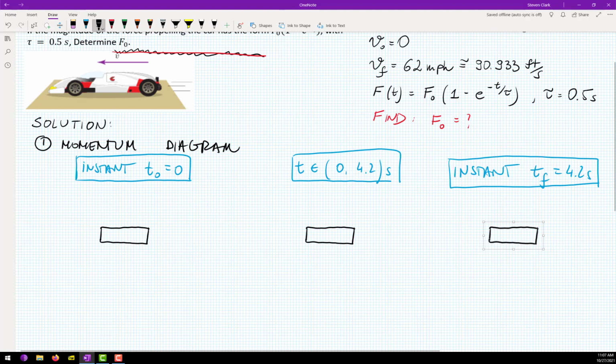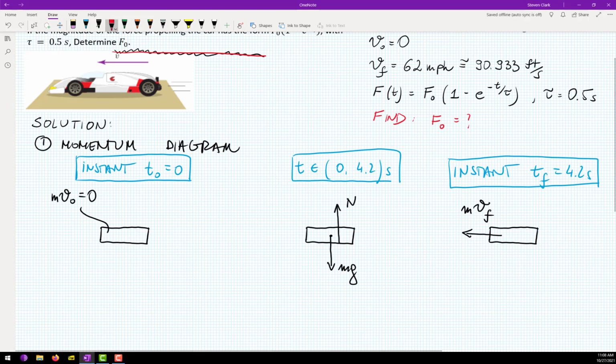We are told that our particle starts from rest, so we have mv0, which is equal to 0. We know that our car at the end will have some velocity, so we'll have here mv final. In the middle diagram, I would like to show all the forces acting on our system. I know that mg acts this way, and the normal force acts this way.